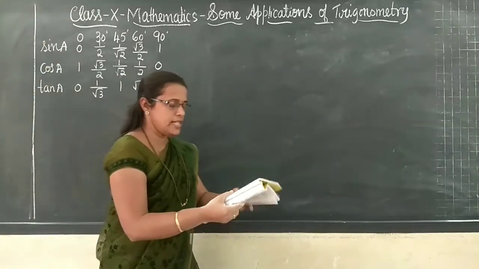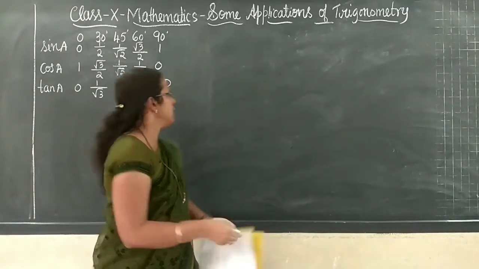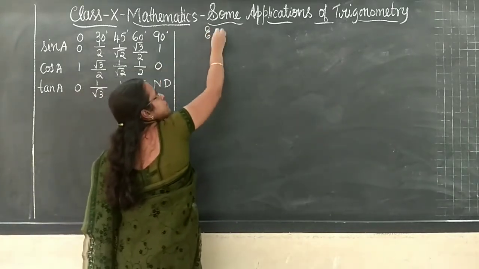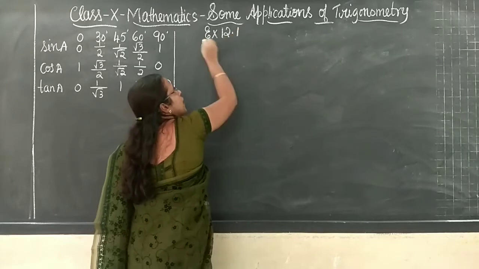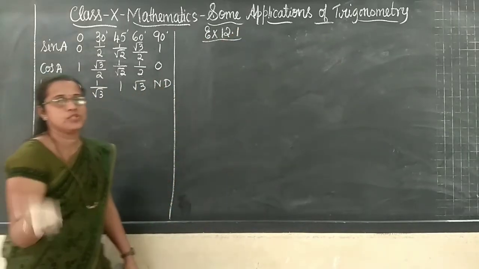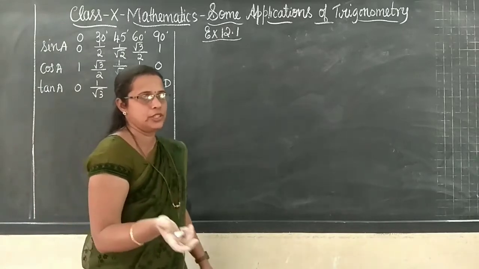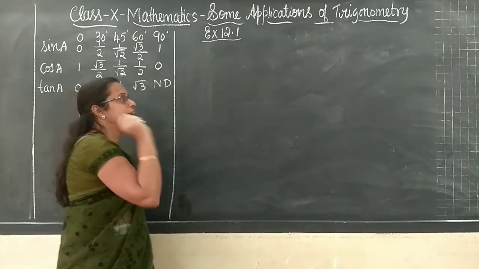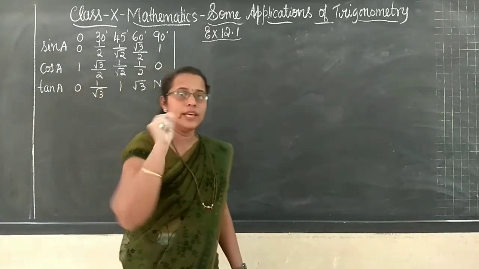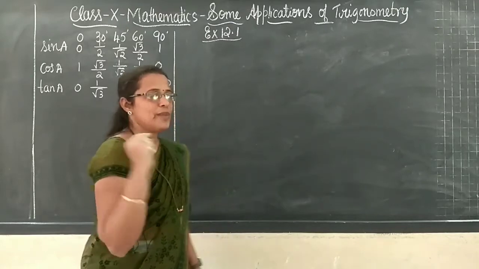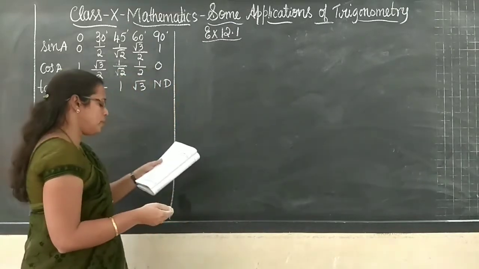Take exercise number 12.1. The question is based on angle of elevation as well as angle of depression. Children, most important is that you have to identify whether it is an angle of elevation or an angle of depression. Let us see the question properly.